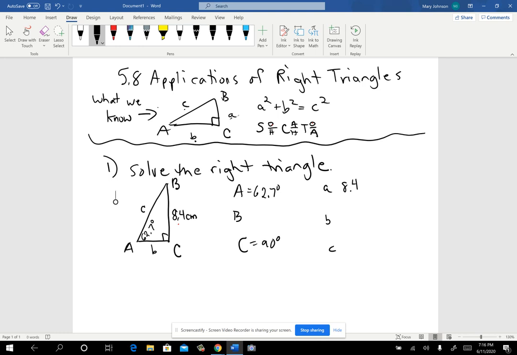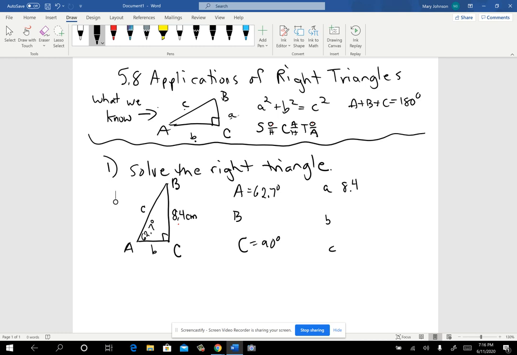I can find the missing angle because I know the other two. The angles in a triangle add up to 180 degrees, so we can take the 180 and take away 90. In a right triangle, you always know the two remaining angles have to add up to 90.